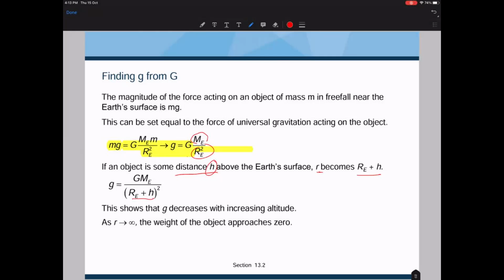And of course, when R tends to infinity, the weight of the object approaches zero. That is why we become weightless in outer space, because there is no further gravitational pull from other objects.